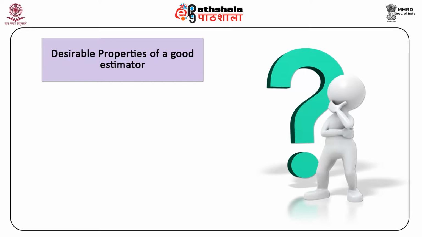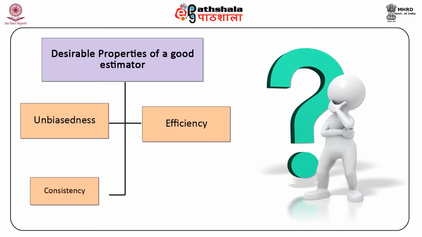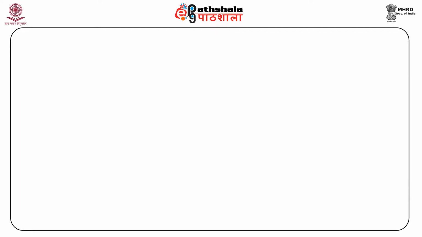Whatever may be the population being studied, the estimator may be used to obtain an estimate of the unknown parameter value. The properties are unbiasedness, efficiency, and consistency. First, we will discuss unbiasedness. The estimator theta hat is said to be an unbiased estimator of the population parameter theta if, for any sample size, the expected value of theta hat is equal to theta for all theta.